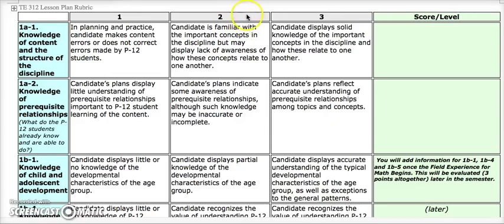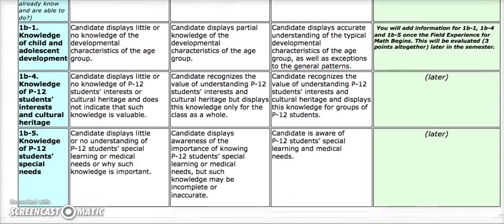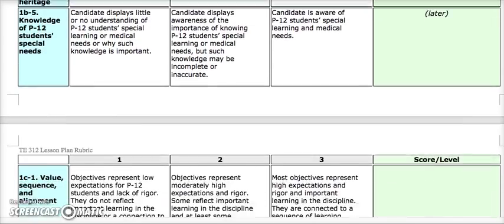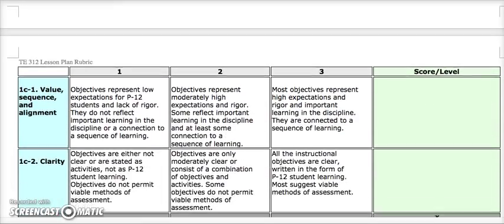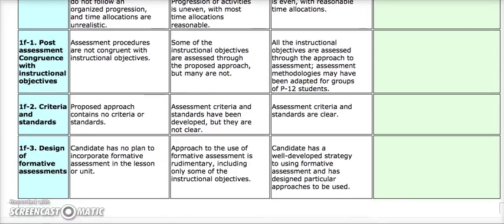If I switch over to the scoring rubric that you'll be able to view online and will later get a hard copy of, let's go over the language that discusses these elements. So first off, the standards are clear. 1F2.